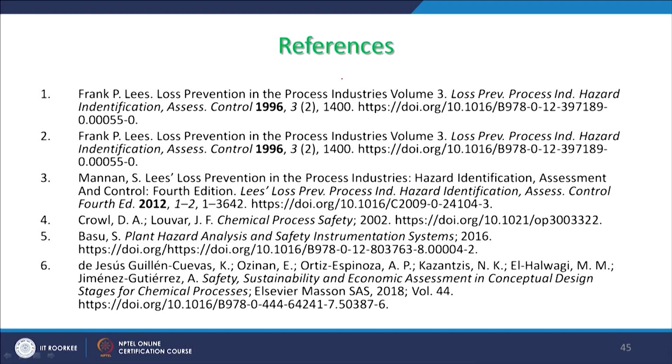We have discussed the flow of liquid through a small hole, cracks, etc. For further referencing, you can have a look at the various references listed in these slides, and hopefully this information is useful for you. Thank you very much.